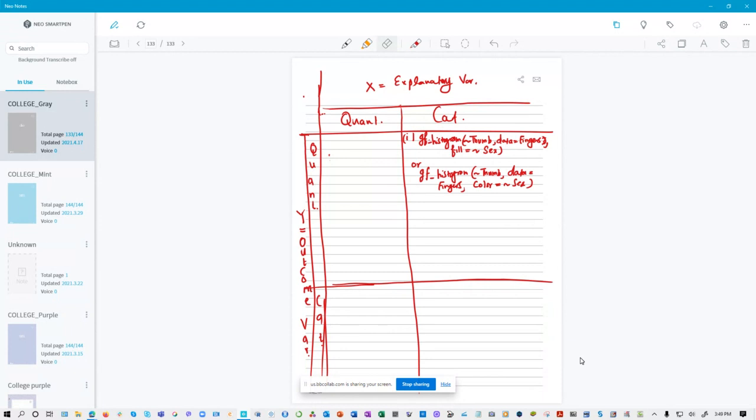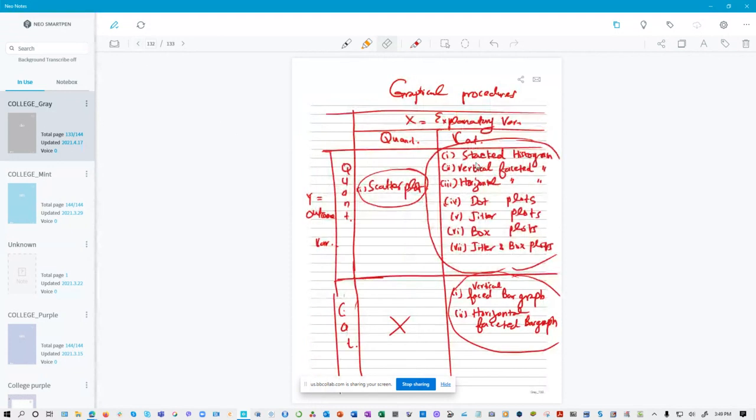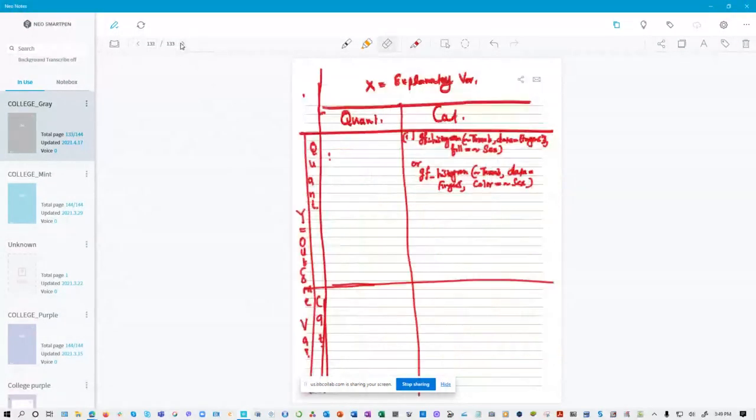Then you have the stack one. This corresponds completely to what we had on the other page. If you want to get the stack histogram, you have a quantitative Y variable, but it's going to be put on the x-axis. The Y variable and X variable are both going to be put on the x-axis.